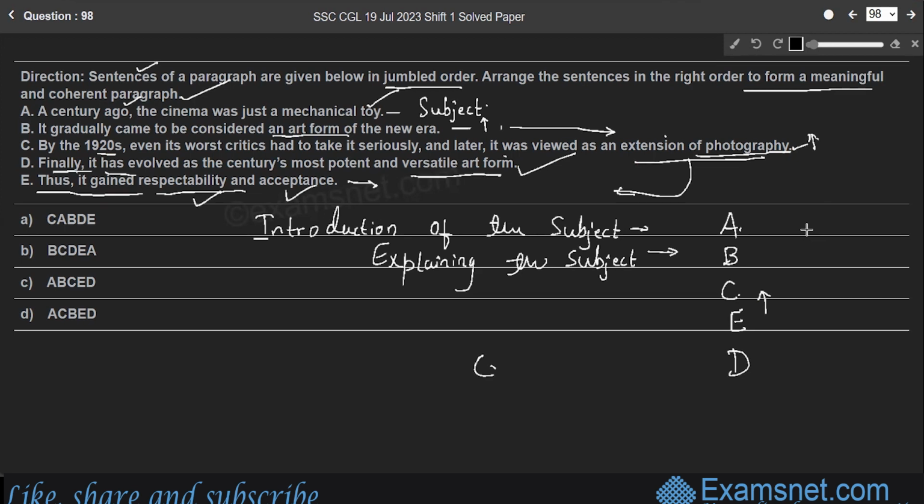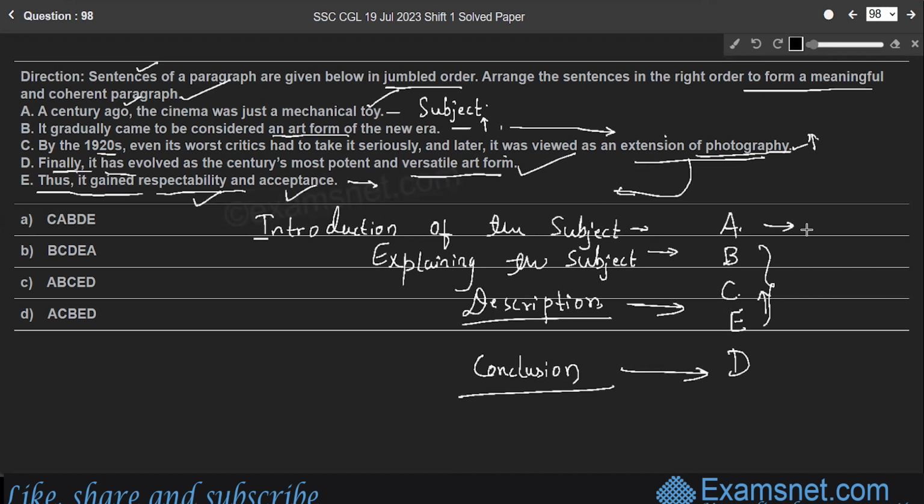Therefore, sentence D gives conclusion to the paragraph. Whereas A gives introduction to the subject, B, C, E, they give description about the subject, whereas sentence D concludes the paragraph. Therefore, the order is A, B, C, E, D. Option C.